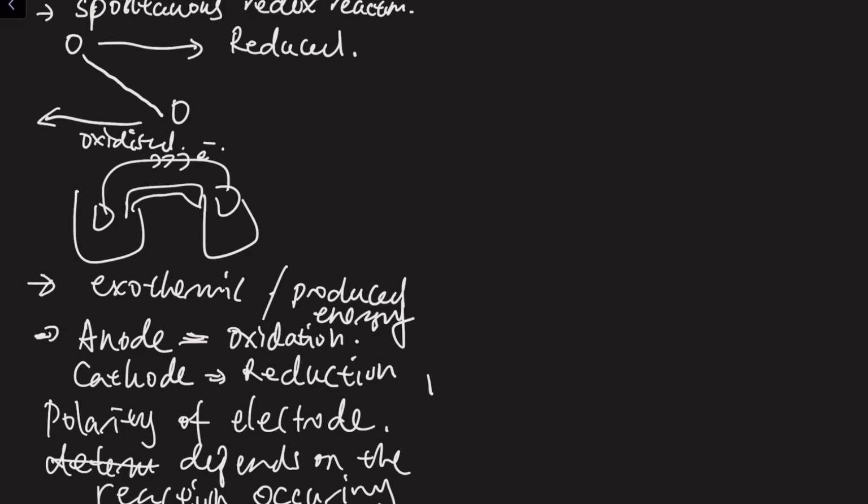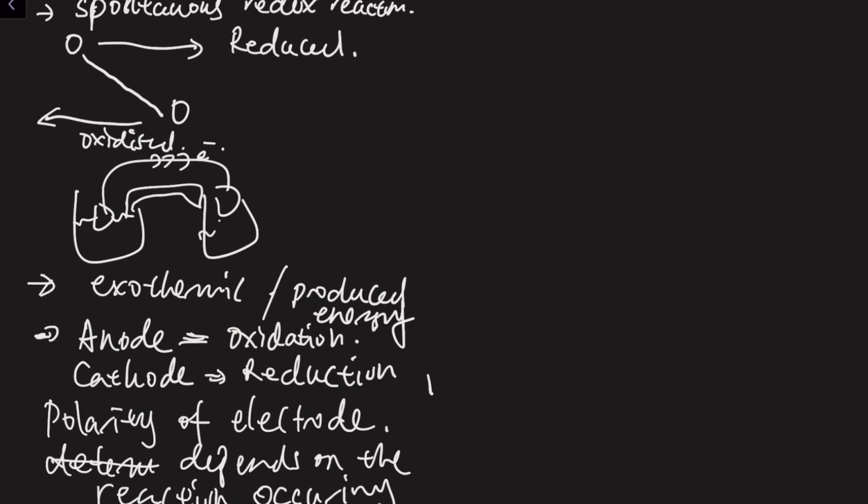So suppose in this beaker, you put in a very strong reducing agent, so it will be oxidized. Since it will be oxidized, electrons are leaving this electrode, so it is negatively charged.